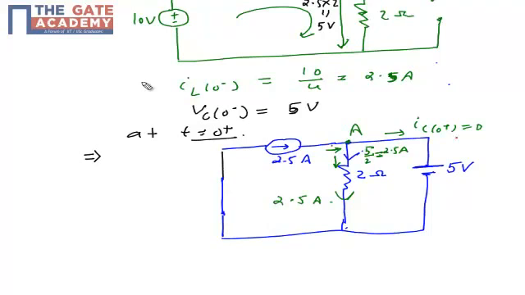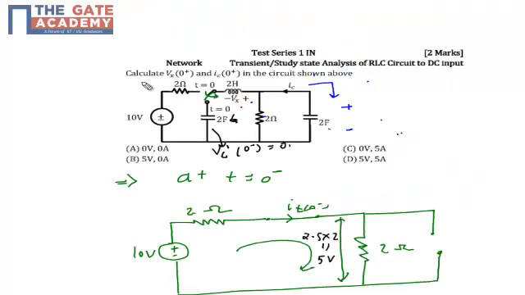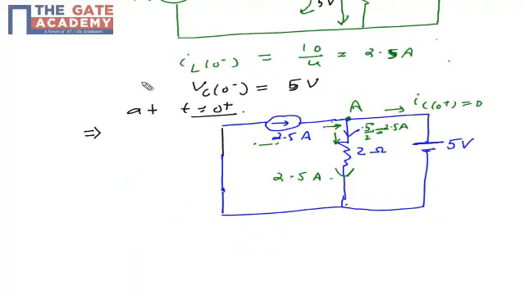So there will be no current flowing across the capacitor. Similarly, you can see that this current source is basically my inductor, because the inductor is replaced by a current source here. If you take a look at node A, we have 3 parallel branches: one current source, one 2 ohm resistor, one 5 volt battery.